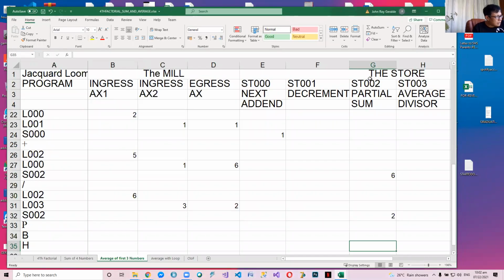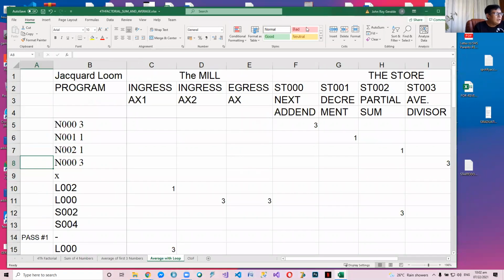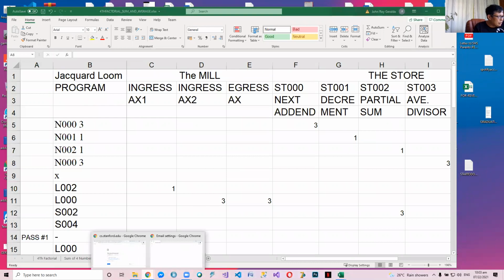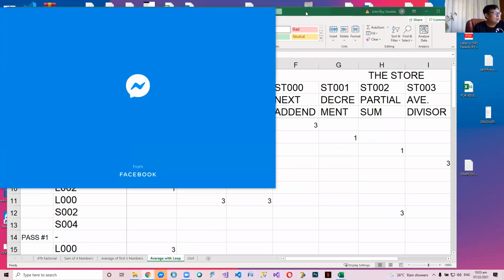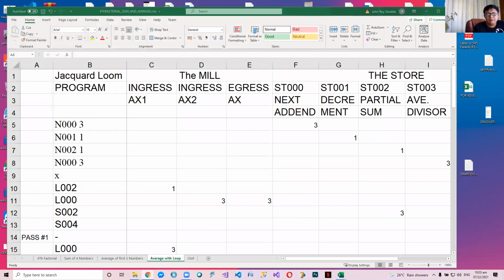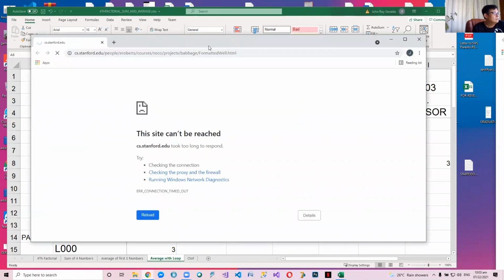So let's do the average with the loop. Now, I'd like to look at, because I have a little correction with the computation of the, sorry, wrong. Why did my thing disappear? If you open this on your end, no?